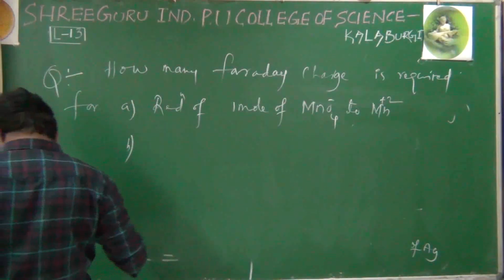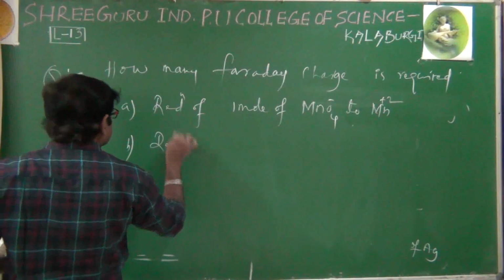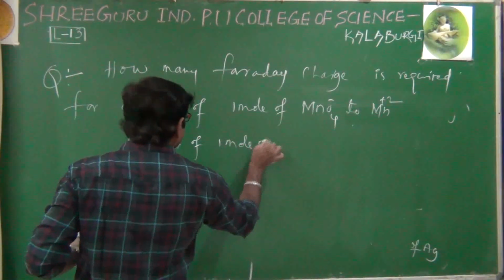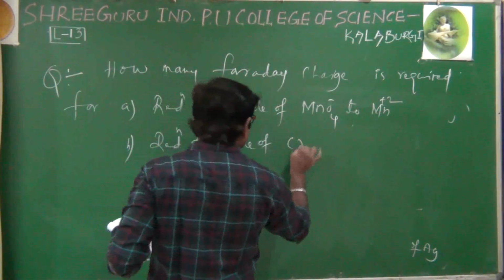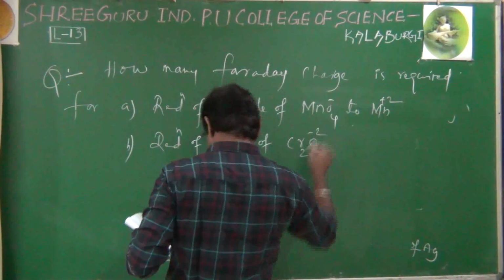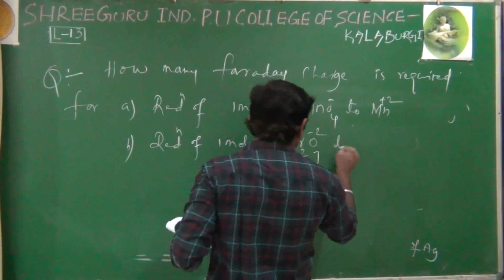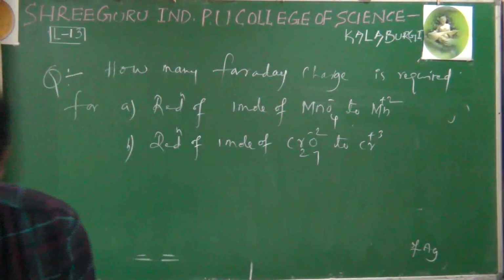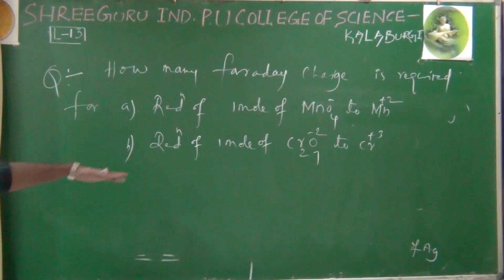And in the second one, the reduction of 1 mole of dichromate ion Cr2O7 minus 2 to Cr plus 3. Here are two questions we have to solve.